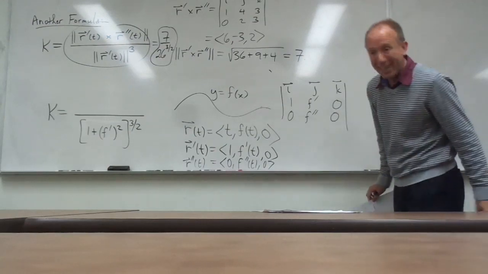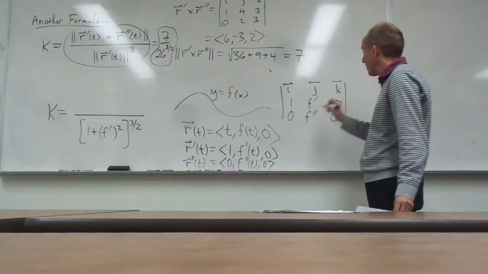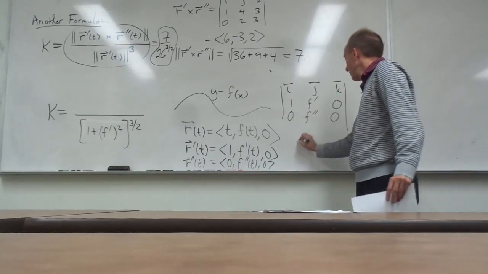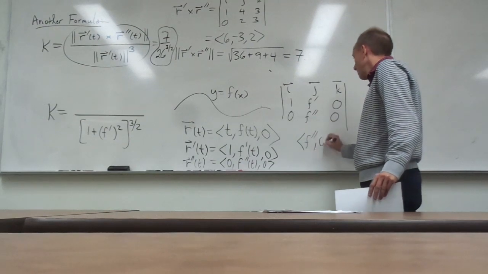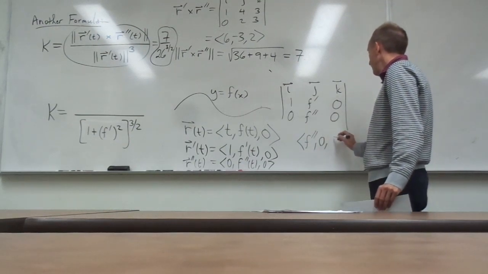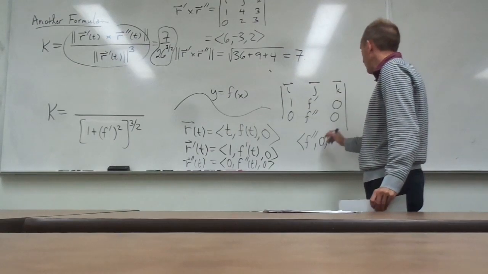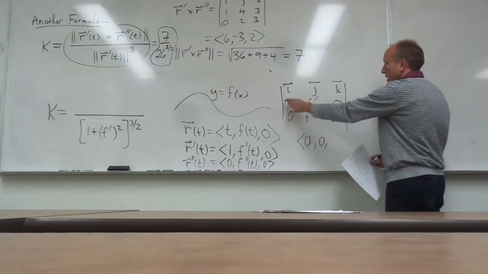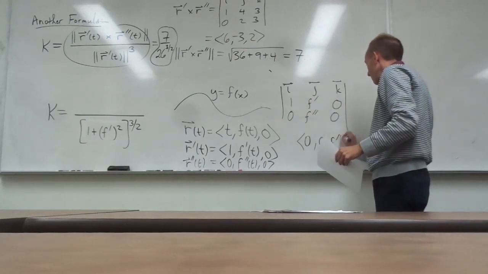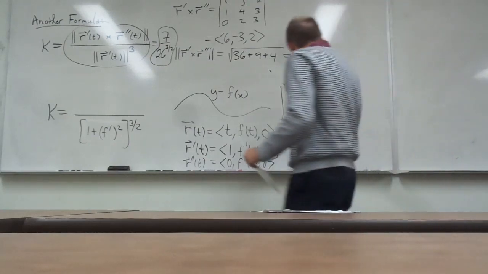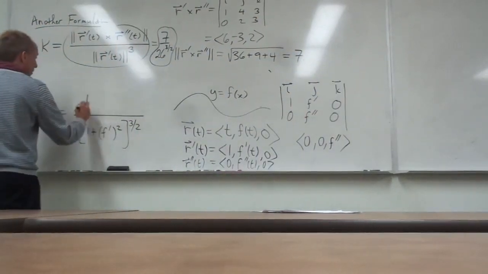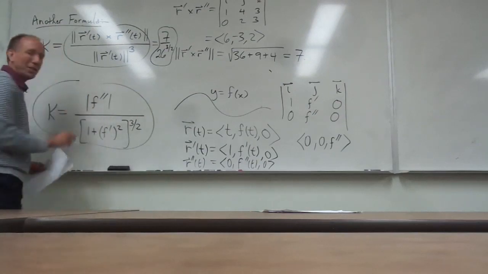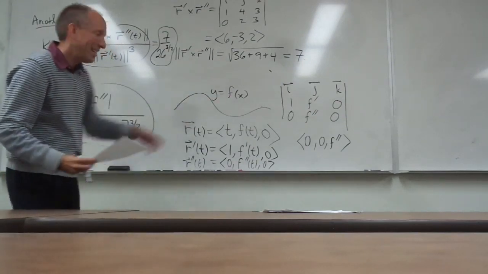With a lot of zeros, when I do my cross product, the i component is 0, the j component is 0, and the k component is f double prime. What's the norm of that vector? It's literally just the absolute value of f double prime. So here's a curvature formula that applies to a function in the xy plane.